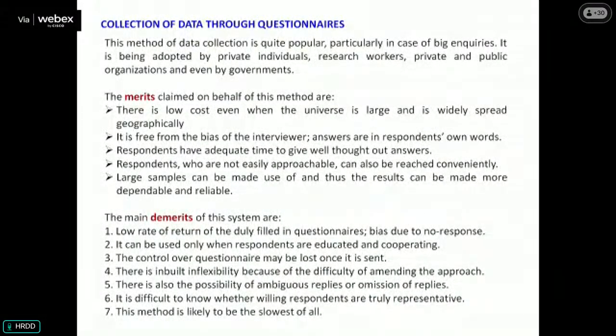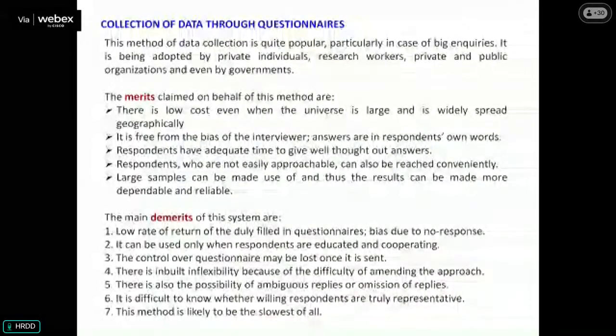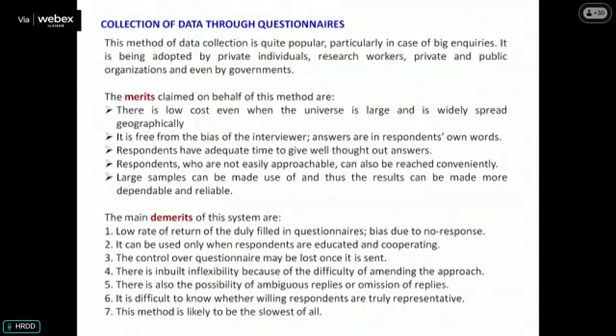The merits claimed on this behalf: there is low cost even when the universe is large and widely spread geographically. So I can do it all over India with questionnaires, so it will be universal. It is free from bias of interviewer. Answers are in respondents' own words.